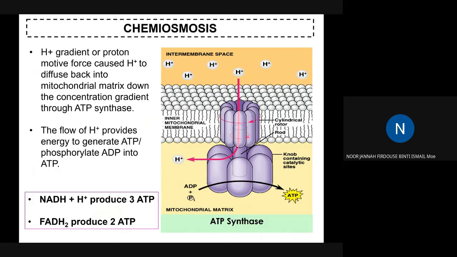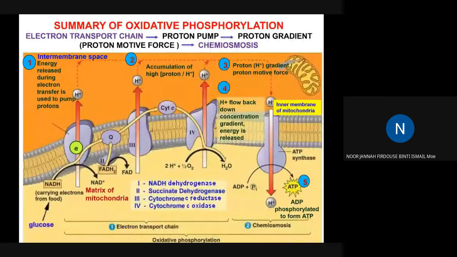The key point here is the flow of hydrogen ion from the intermembrane space into the matrix provides energy to generate ATP. Who generates the ATP? The enzyme ATP synthase. Another key point is you have to remember NADH plus H plus produces 3 ATP, FADH2 produces 2 ATP.